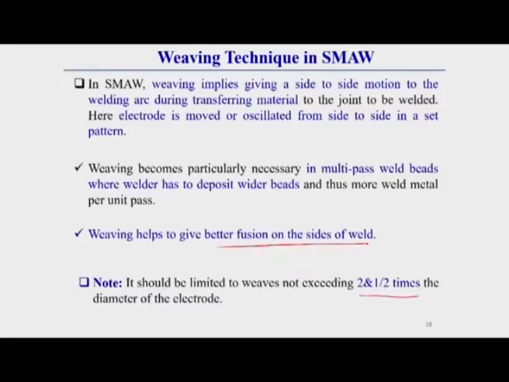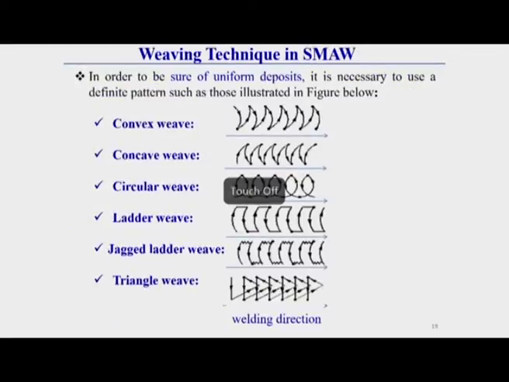Now we will see there are different types of weaving operation. In order to be sure of a uniform deposit, it is necessary to use a definite pattern of weaving operation. It is not done arbitrarily. There are very definite patterns that we should follow for weaving.